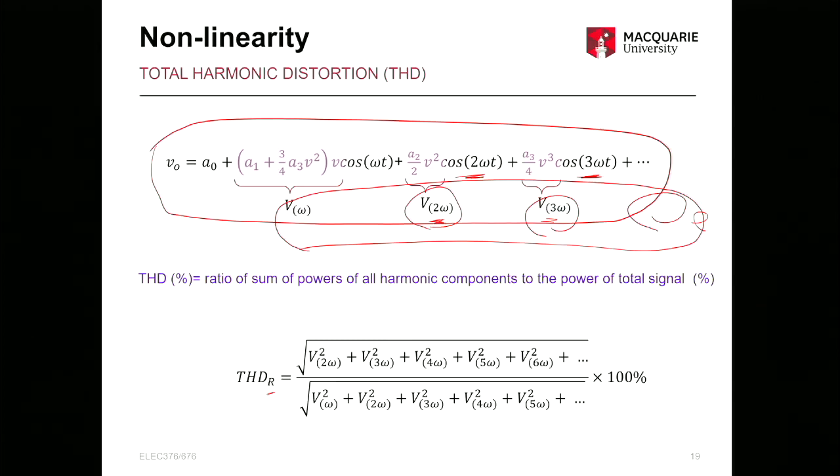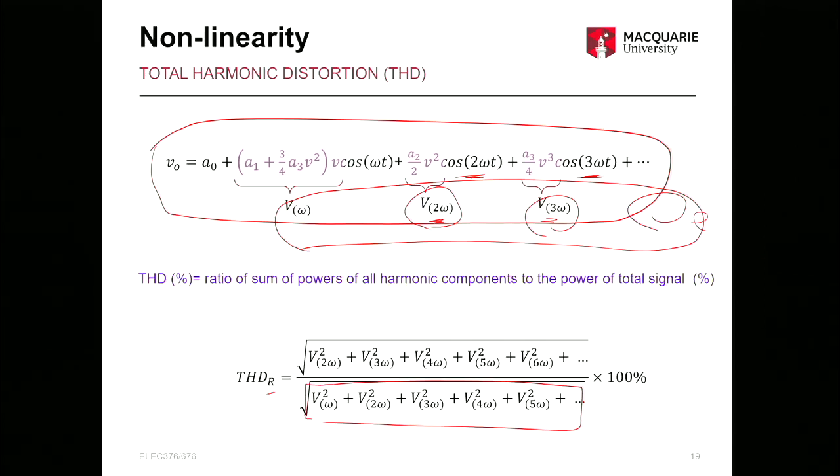So what could be the highest value of total harmonic distortion in percentage? Yeah, 1, or 100%, right? It cannot be more than 100% because the denominator is always higher than the numerator.